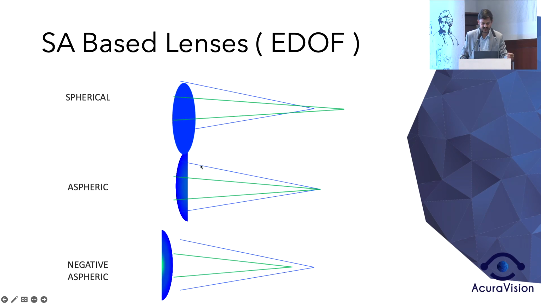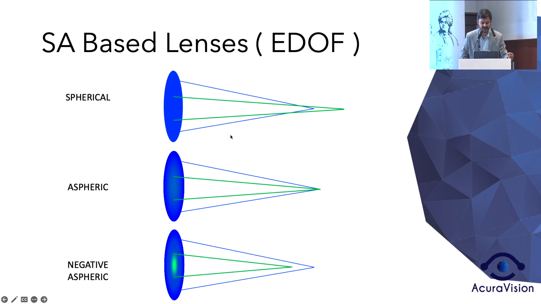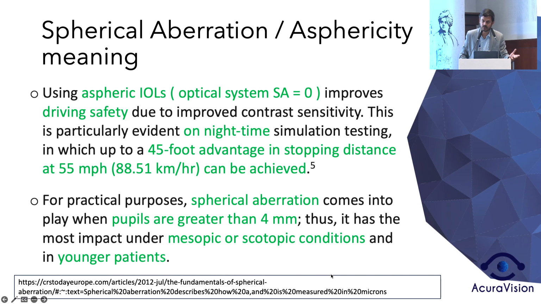So what it does is that if you look at a spherical lens, the light from the periphery gets focused in front of the light in the center. But if you look at a negative aspheric lens, then the light from the central rays is focused before the light in the peripheral rays is focused. And this is what we utilize to get an extended depth of focus.